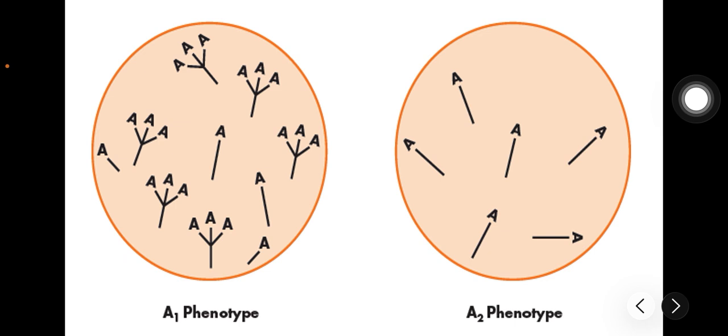So I'll give you an example of genetic outcomes for A1 and A2 phenotypes. If a person inherits an A1 gene from one parent and an O gene from the other, they will express the A1 phenotype because A1 is dominant. Let's have another example. If a person inherits an A2 gene from one parent and an O gene from the other, they will also express the A2 phenotype.